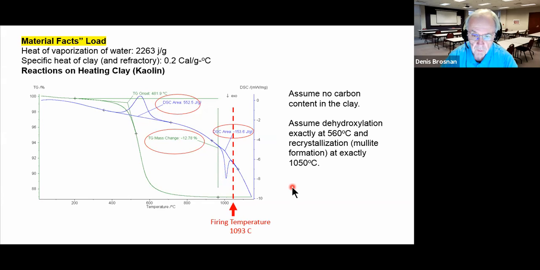Now, other clays that don't contain as much alumina as kaolin will show perhaps a little less in the endothermic reaction and a substantial amount less in the exothermic reaction, since at lower alumina content, typically 17 to 20% or about, in most earthenware objects, we don't have that much mullite form, but some. So we're basing our material information on laboratory instruments that we measured in our own laboratory.